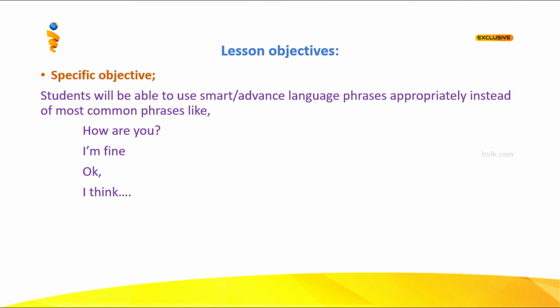Now, I would like to draw your attention to the objectives of this lesson. The specific objective of this lesson is that students will be able to use smart or advanced language phrases appropriately, instead of the most common phrases like how are you, I'm fine, okay, or I think.